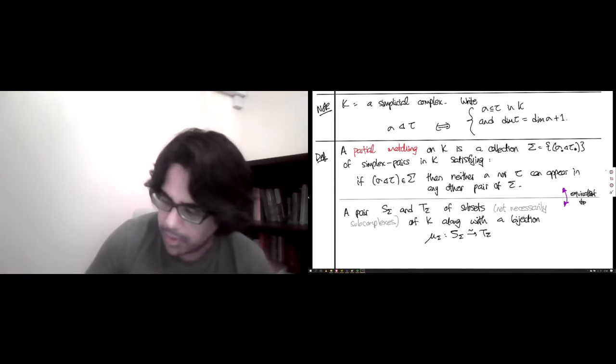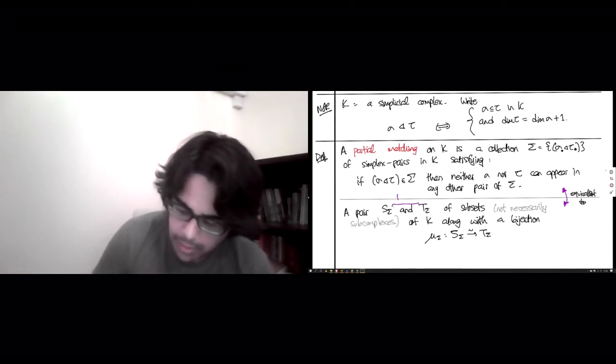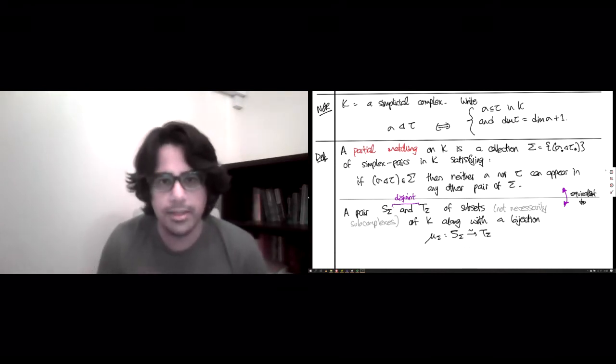So how do we write that? Disjoint subsets. So no simplex in S sigma should be a simplex in T sigma.